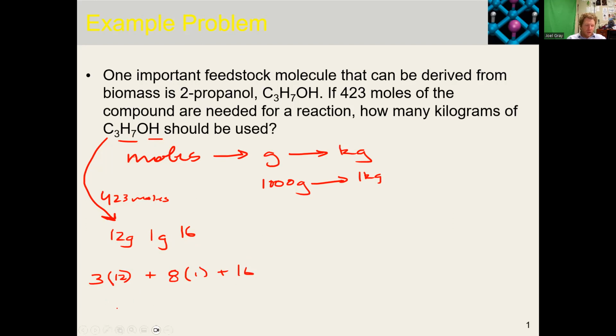So the molar mass of this compound, C3H7OH, is 36 plus 8 plus 16. 36 plus 8 is 44, plus 16 is 60 grams. So we have our conversion now, and I'm going to erase this math because we have the information that we need.